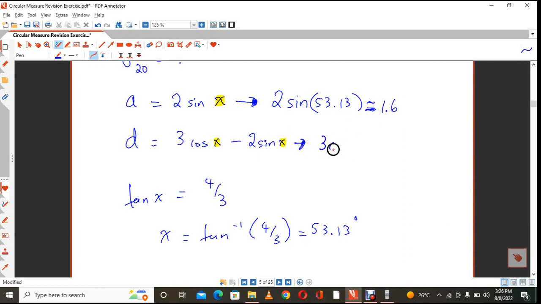Okay. Then I can also calculate this one here. So I'm going to say 3 cos 53.13, minus 2 sine x. We already know what this one is, 53.13. Anyway, we're just going to use our calculator.